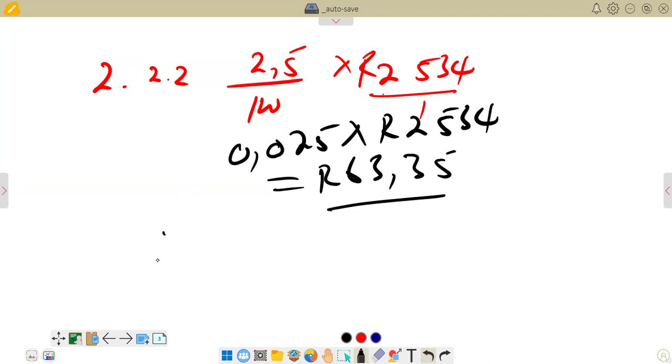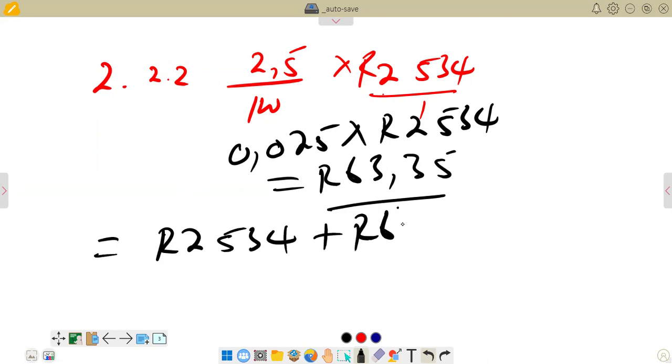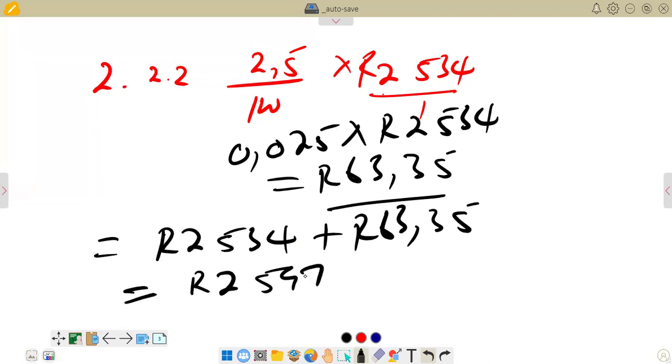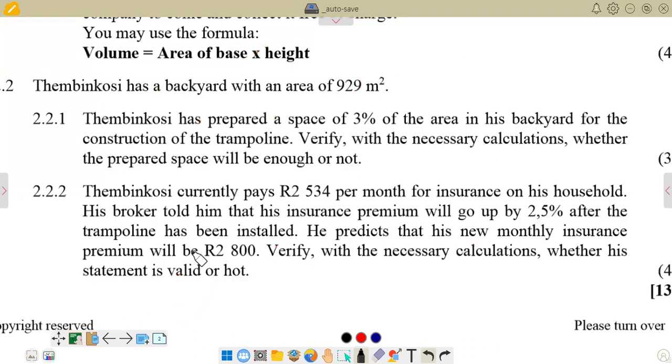So we can now say 2,534, then we add, and we are going to get 2,597.35. So this is after the increase, and then obviously if we go back to see if the statement is valid, the statement is that he predicts this new monthly insurance premium will be 2,800.